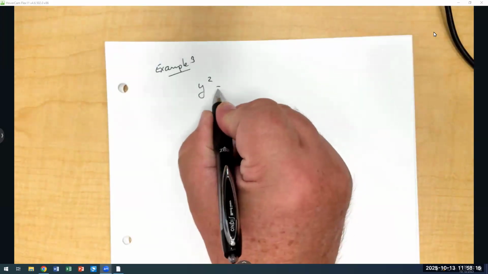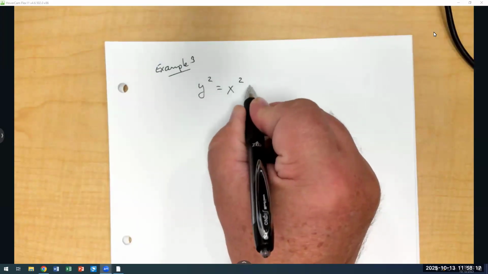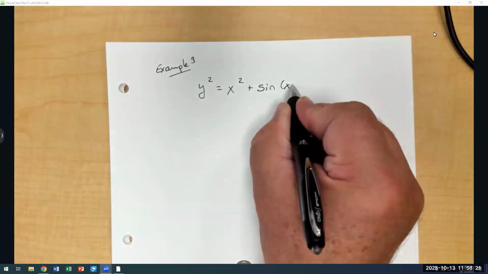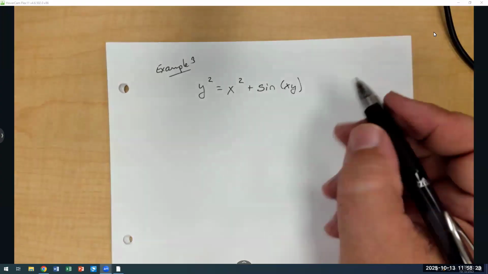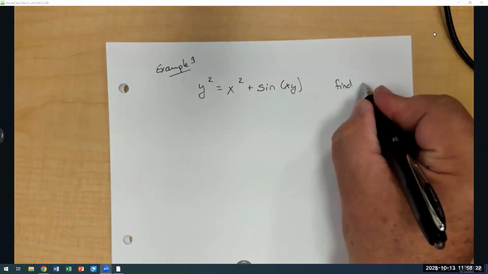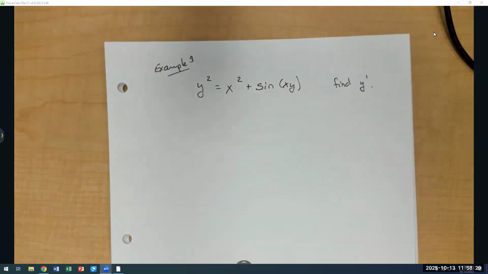y squared is equal to x squared plus sine xy. Find y prime.